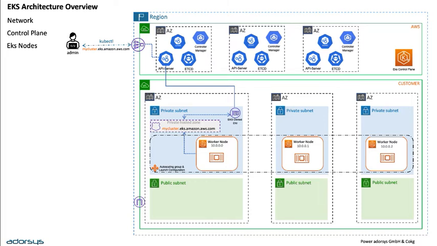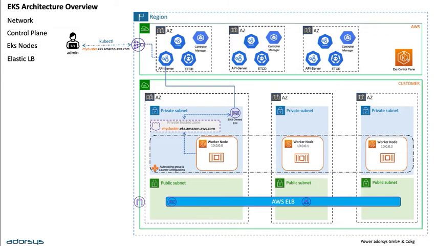That's it. The last component for this video is the elastic load balancer. Amazon EKS load balances network traffic to pods deployed in the worker nodes using elastic load balancer. Its configuration is controlled by annotations added to the Kubernetes service manifest.